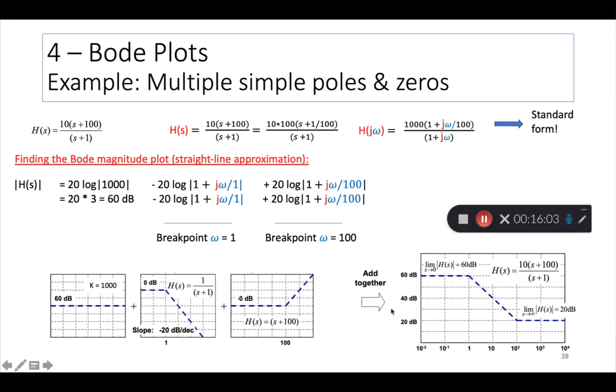Now you add these together, and obviously you have to be careful how you add it, but the starting point is always whatever the constant begins at, so that's 60, because this is going to be 0 and this is 0. So until you reach this point 1, or radian 1, which is here in the output or the sum, it's just 60. From there on, at least for one more decade, from 1 to 10, there is just this drop.